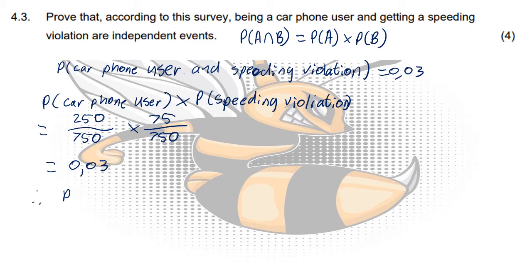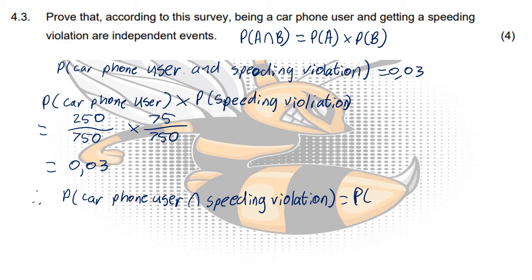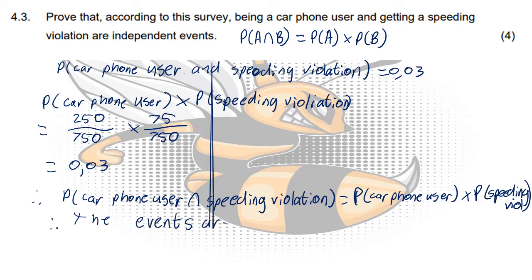Therefore, the possibility of being a car phone user and having a speeding violation is equal to the possibility of just picking a car phone user times the possibility of having a speeding violation, which indicates that the events are independent.